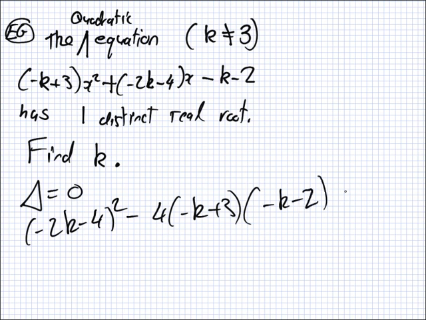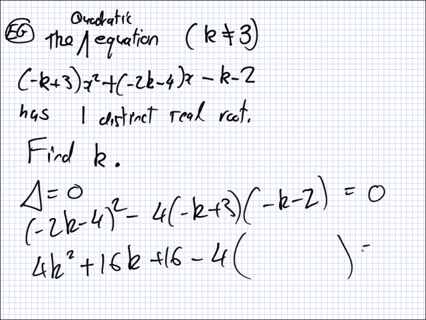Should equal 0. 4k squared plus 16k plus 16 minus 4 bracket bracket equals 0. I'm going to multiply these two before I multiply by 4. So that would be k squared minus 2k, is it? Minus k.